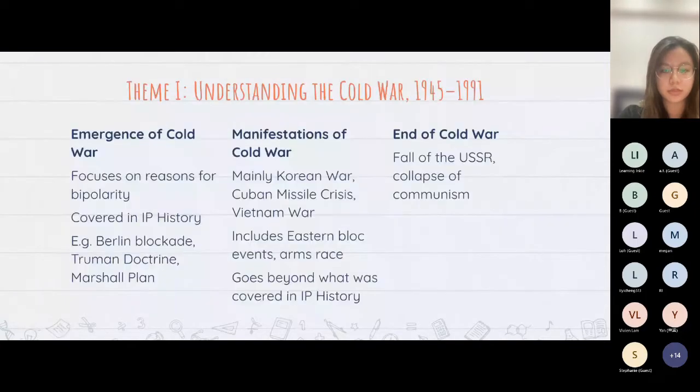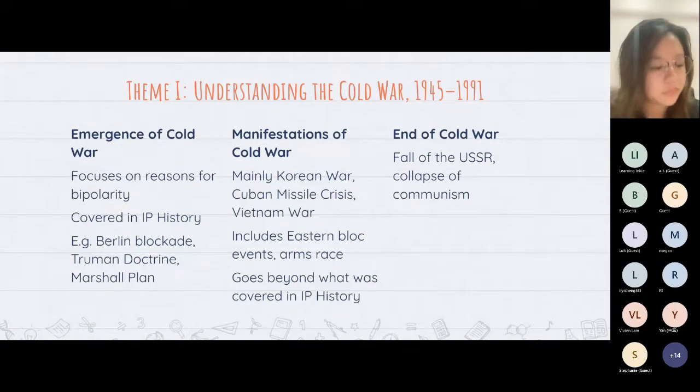So understanding the Cold War. For me, at least in secondary school, my teacher went through the Cold War. So it wasn't a completely new topic for me, especially in terms of the emergence of the Cold War, since I had already gone through the Berlin blockade, Truman Doctrine, Marshall Plan, and things like that. And this was the same for the end of the Cold War. The more challenging part for JC history, in my opinion, was the manifestations of the Cold War.